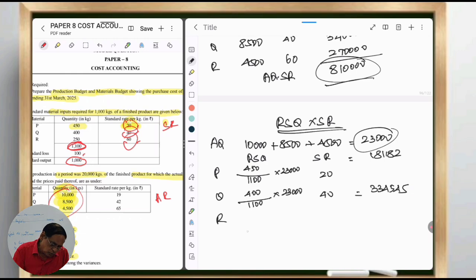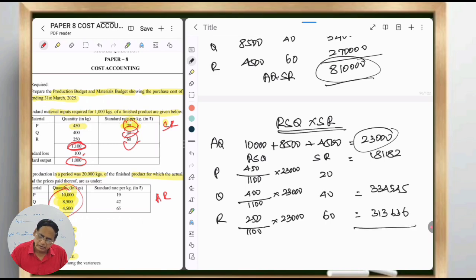And then for R also, for 1100, the standard quantity of R is 250, into the actual quantity 23,000, into the rate 60. So 250 divided by 1100 into 23,000 into 60 rupees, that is 3,13,636.